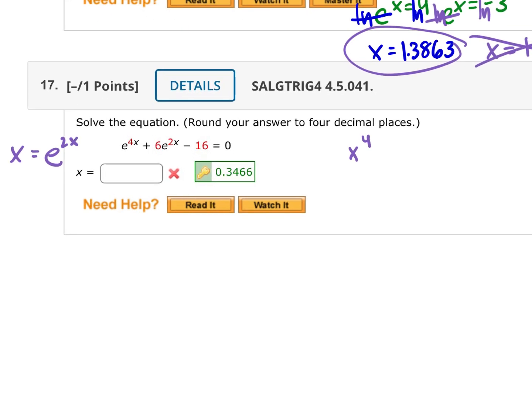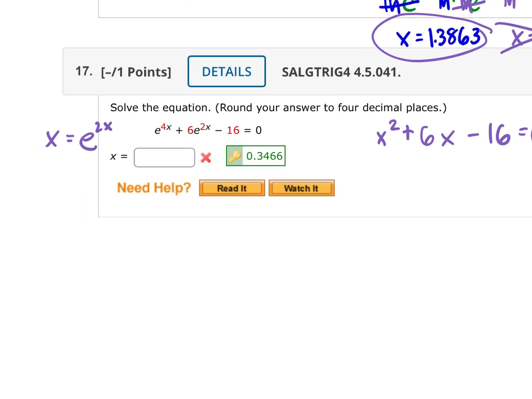So I'm going to change it to be x squared plus 6x minus 16.